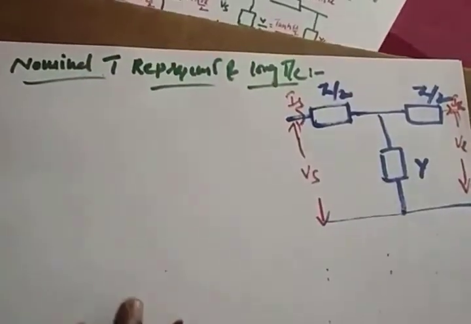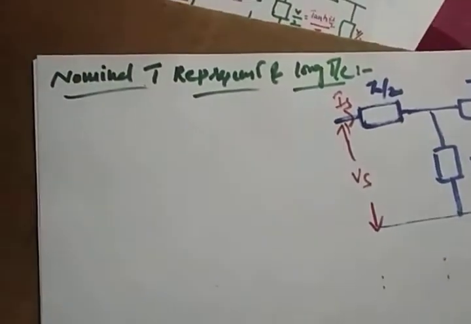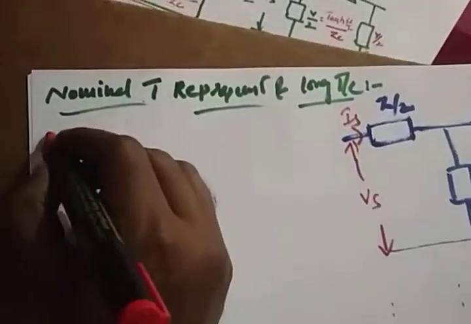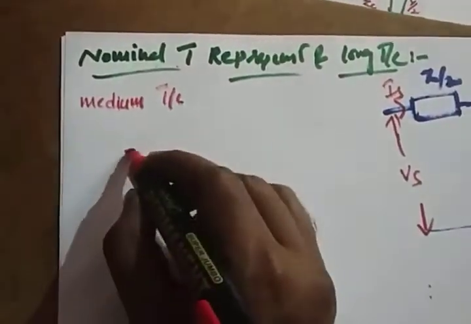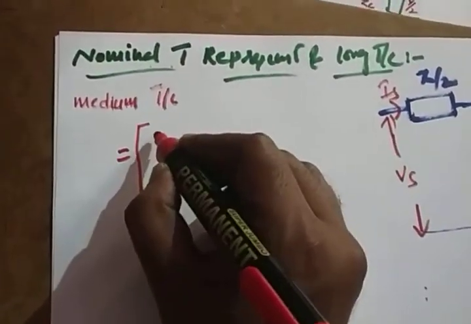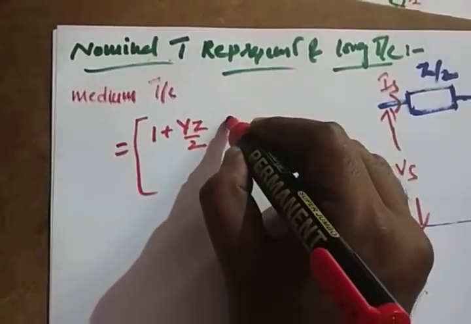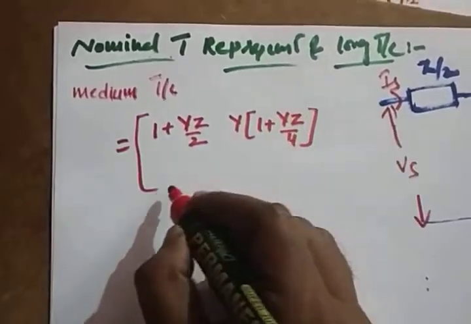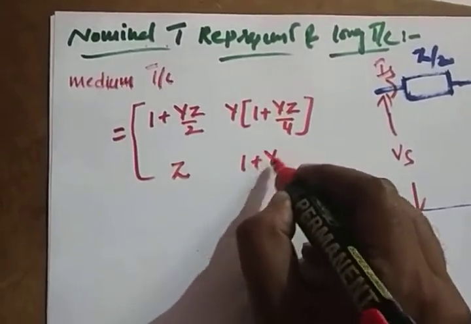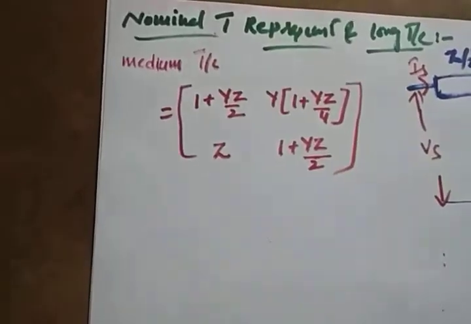So you know that for a medium transmission line, for a nominal T representation, we derived the ABCD constants. For a nominal T method for a medium transmission line, what are the equations? 1 plus YZ by 2, Y into 1 plus YZ by 4, Z, 1 plus YZ by 2. You just learn these by heart, these are very important GATE questions, right?